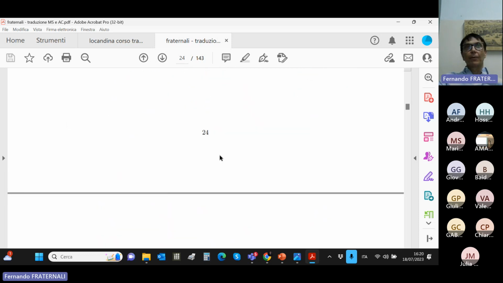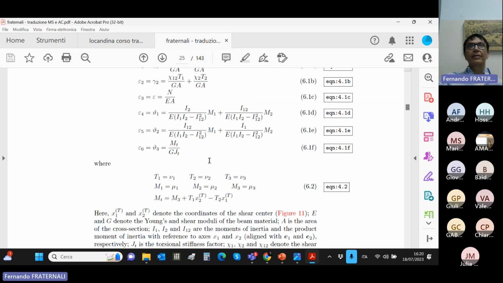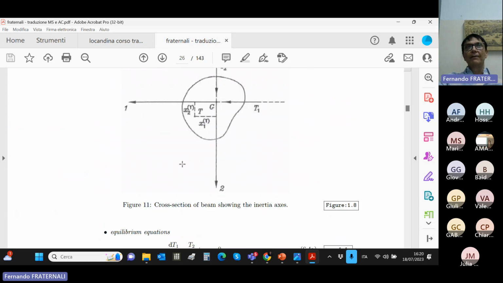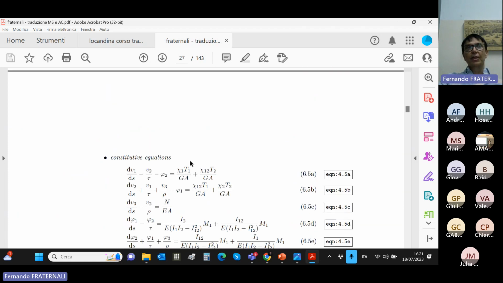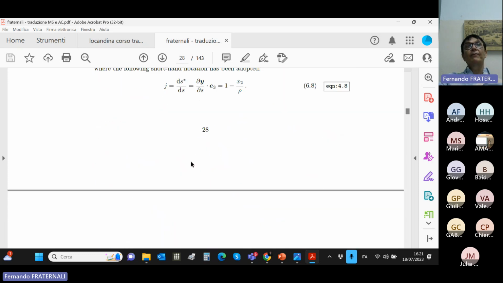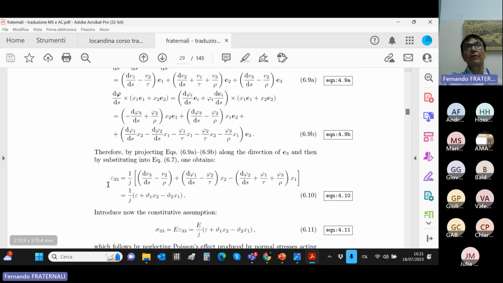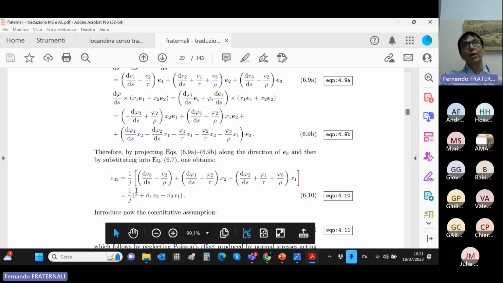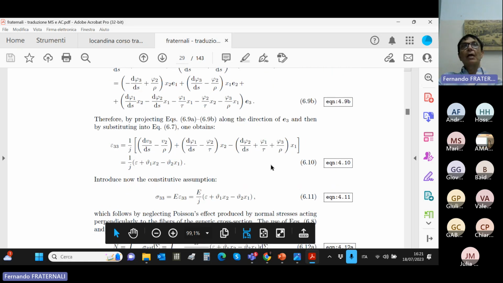But incorporating this effect of curvature and torsion in the expression of these generalized strains, we have the final formula for epsilon 3, which is the same as that of the straight beam with this 1 over J inverse. Now, what we do now is this.